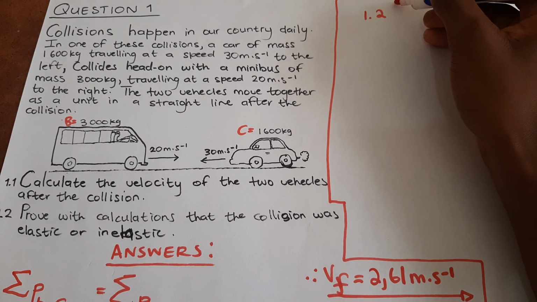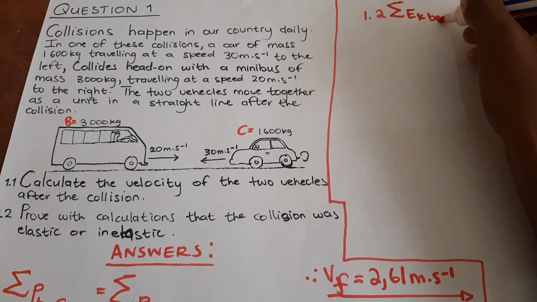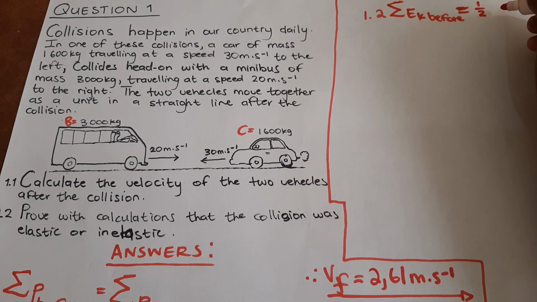Let's start with the sum of kinetic energy initial, which is equal to half the mass of the bus, before they were separate objects, plus the mass of the car, half m v squared.